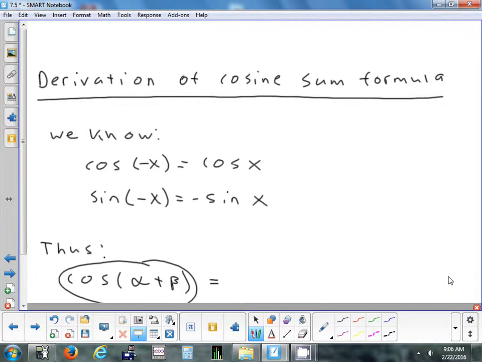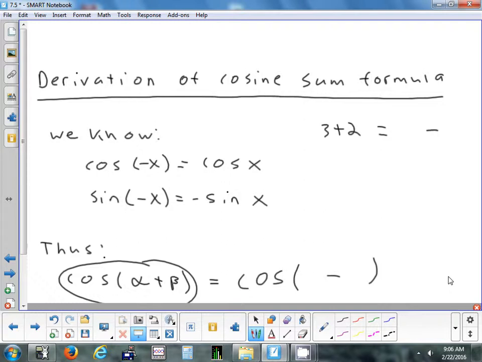All right. So we're trying to figure out the cosine sum. We're going to use what we already know. So my hint is to somehow write this as a difference. If I had, let's say just something simple, 3 plus 2, the answer would be 5, right?